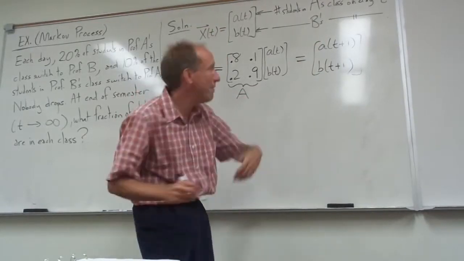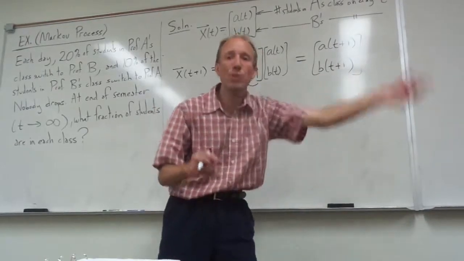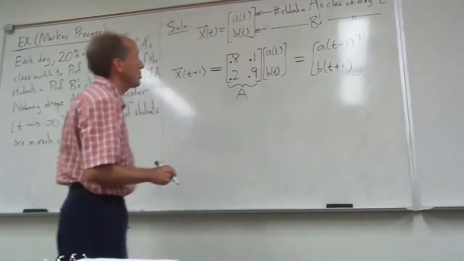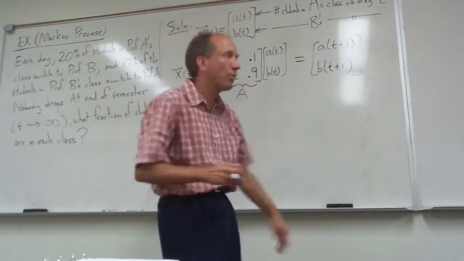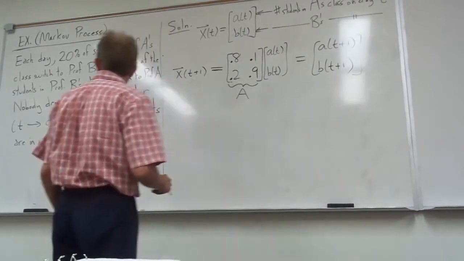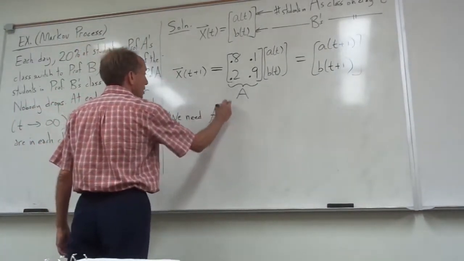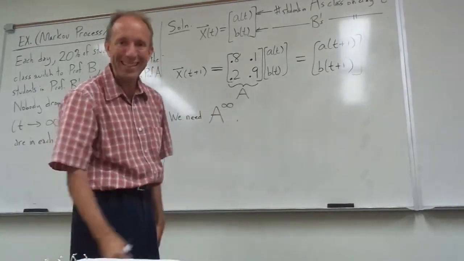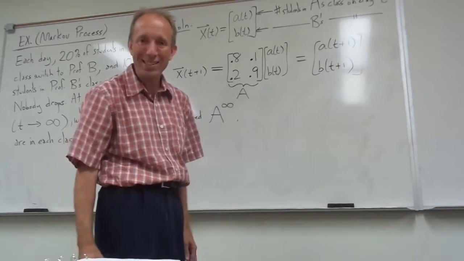If I cube the matrix, 3 days forward, and so on and so forth. You're calculating how many students are in each professor's class, however many days forward you want. So what I really need to do here is figure out what A to the infinity power is, basically. That's a high power of this matrix.